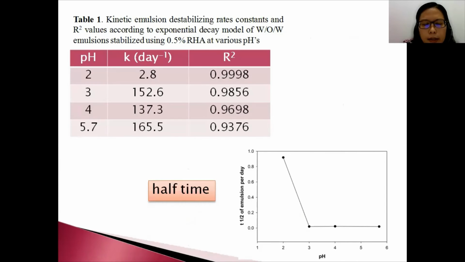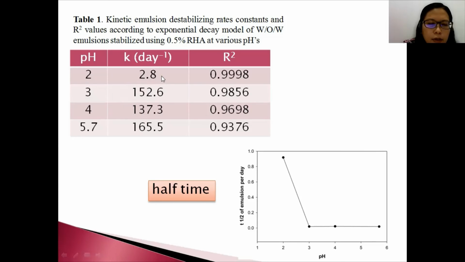And these are the results from the fitting using the exponential decay model. Here we obtain the stabilizing rate constant of about 2.8, which is 100 times lower at pH 2 compared to the constants obtained for the higher pH.